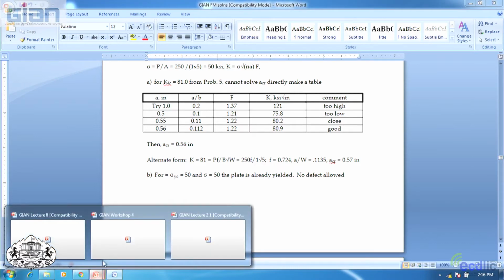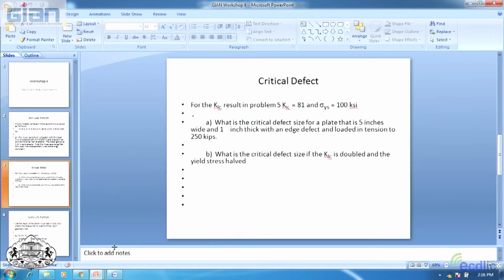Go back to the details here. Critical defect size for a load of 250 and a 5-inch by 1-inch plate with an edge crack.